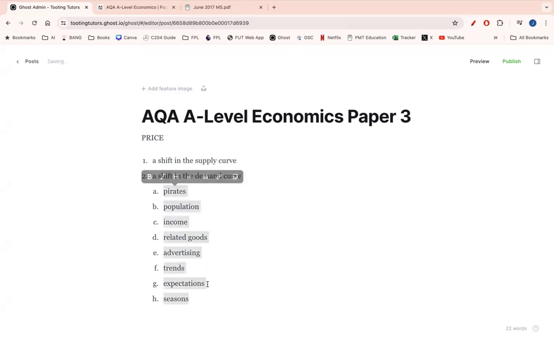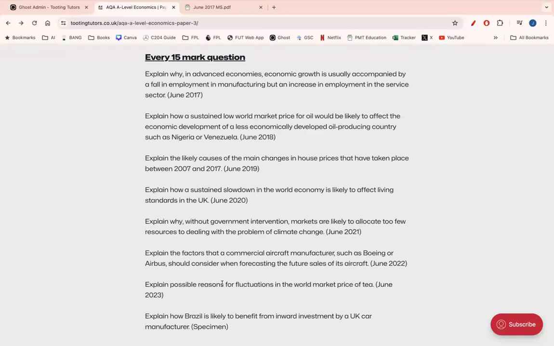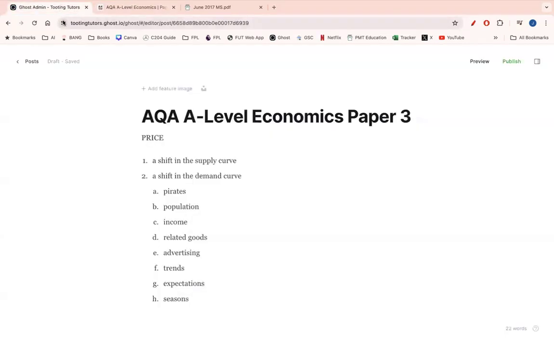I'd pick two of these things, or maybe something from supply, and then that could allow you to predict why tea has fluctuated in price, or why sales might change in the future if the demand curve shifts. Or you could also pick something from the supply curve, and if you're stuck, use the extract to help you. But don't forget your revision from year 12 micro, because it seems really important.